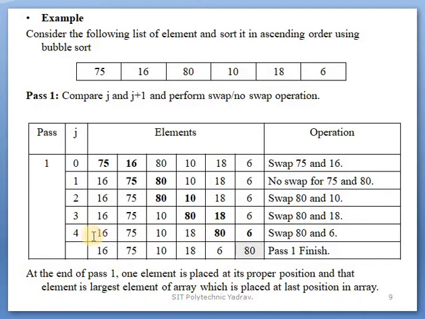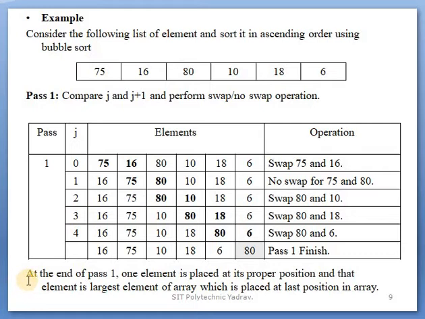After that, at the fourth index, 80 and 6 are checked. 80 is greater than 6, so swap them. After pass 1 finishes, the n minus 1 position is sorted, holding the biggest number.